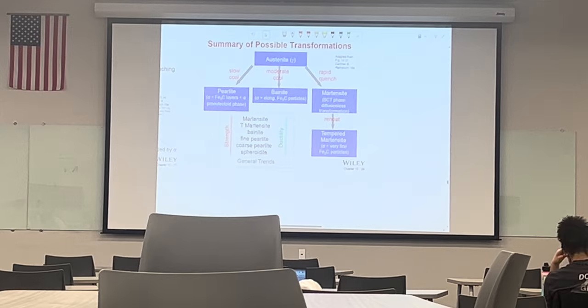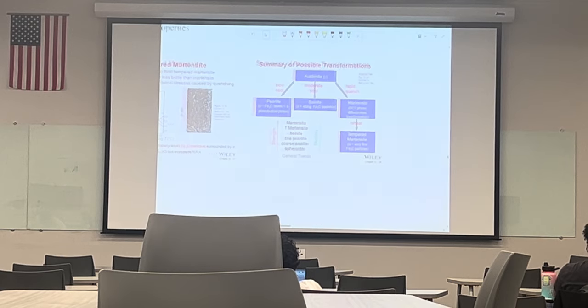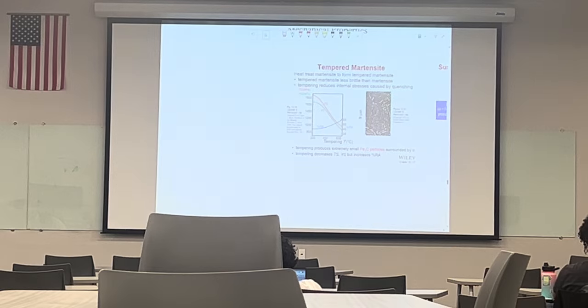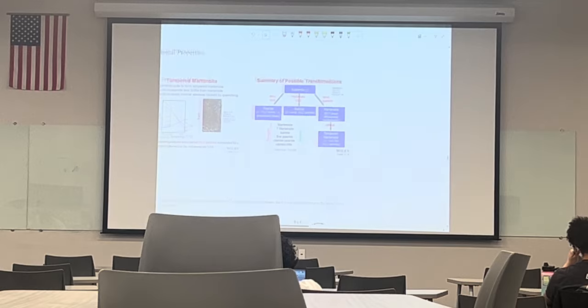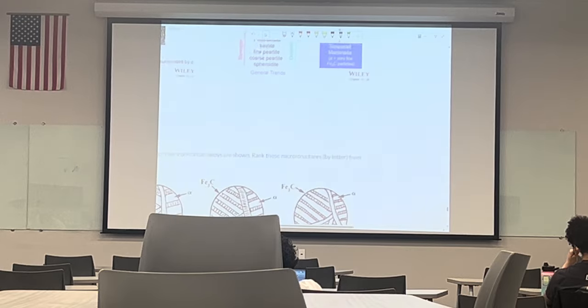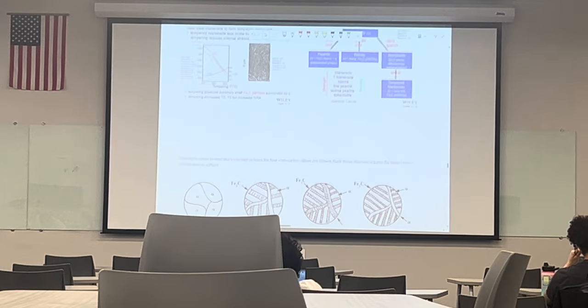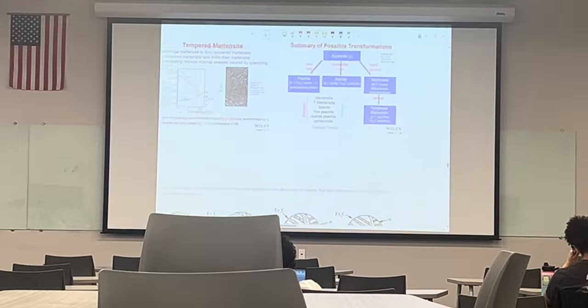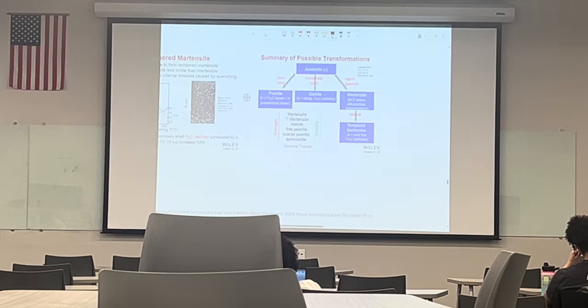So austenite is the most ductile and martensite is the least ductile. That's basically it. And the other thing is, this is for just one composition, but when we are comparing different compositions, when we have more carbon in the system, it's going to be stronger and more brittle.